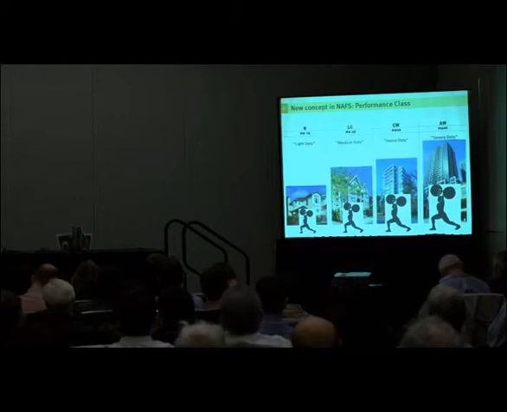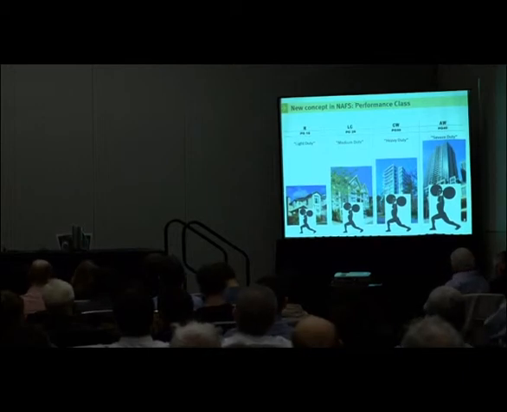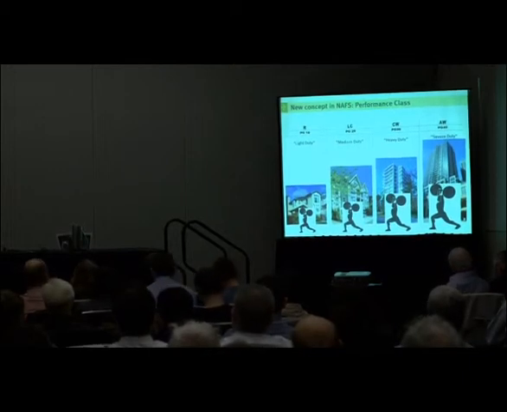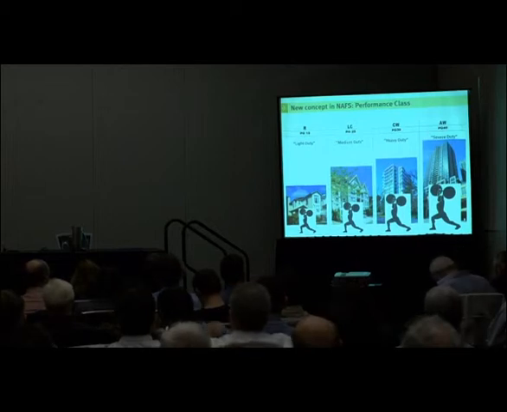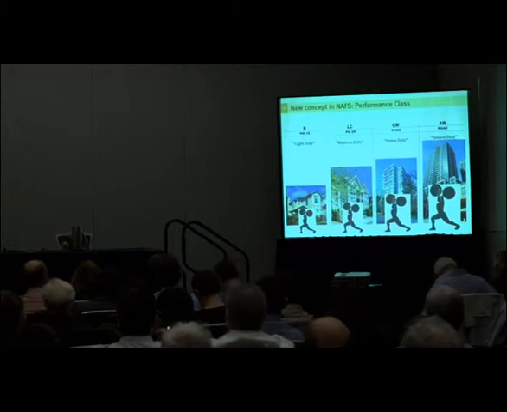You won't find this in the NAFS standard, but in earlier versions of the American specifications that this standard is based on, R stood for residential, LC for light commercial, CW for commercial window, and AW for architectural window. And that gives you a hint as to what the intended application of performance class was intended to be.